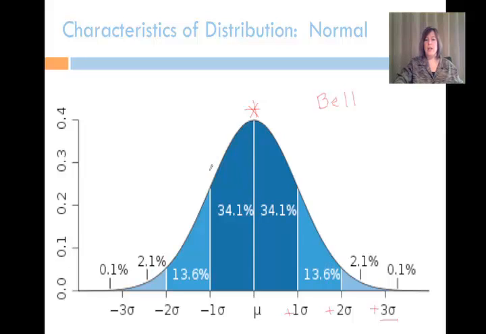And you see that characteristic of the normal curve that's so critical to statistics, and that is that 68% of the data points will fall within 1 standard deviation from the mean. If you add these numbers up, 13.6 plus 34 plus 34 plus 13.6, 95% fall within 2 standard deviations.